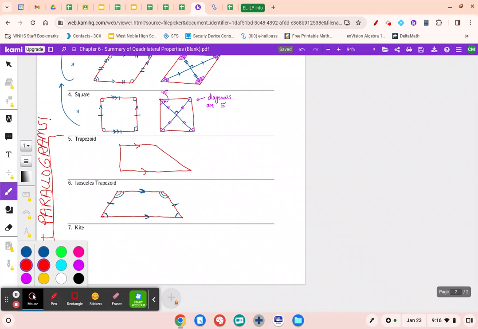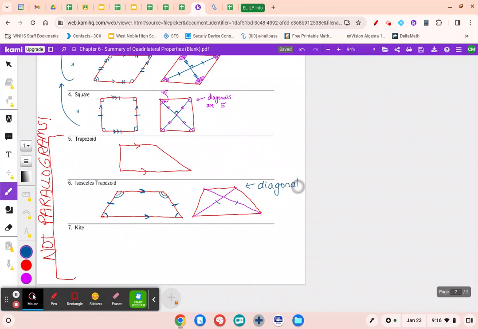And then one more thing that we know, I'm going to draw another trapezoid for us, is that it's not a very good trapezoid. We know that the diagonals are congruent. And it's kind of hard to mark, but the full diagonals, not just a part, are congruent.